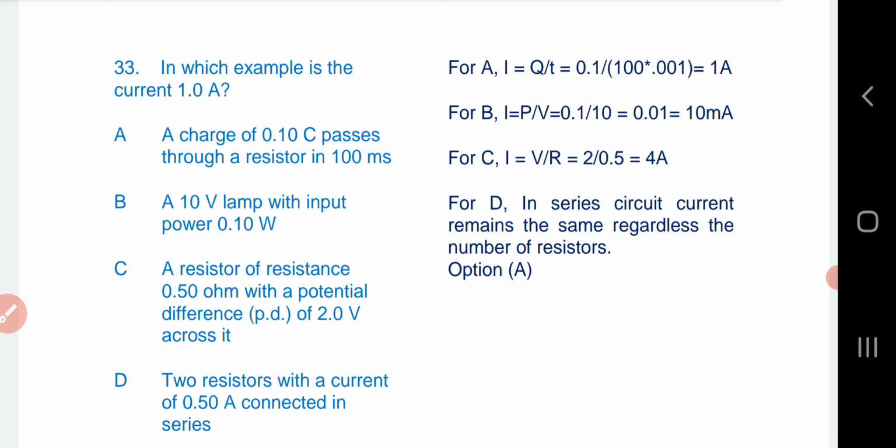For option D, in a series circuit the current remains the same regardless of the number of resistances. So, options B, C and D are all incorrect, and for option A, I is equal to Q over T, that is 0.1 over 100 multiplied by 0.001, and that is 1 ampere. So, the answer is option A.